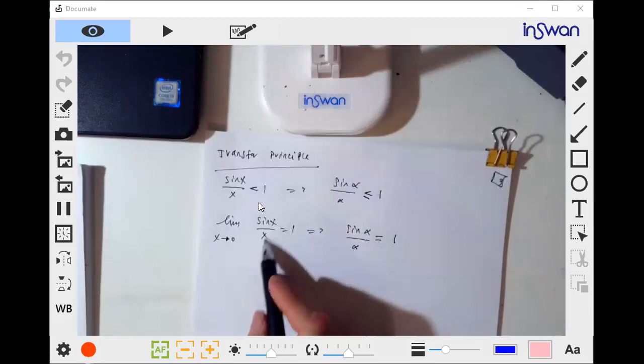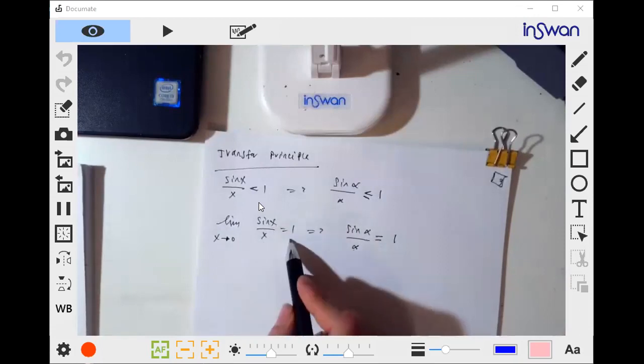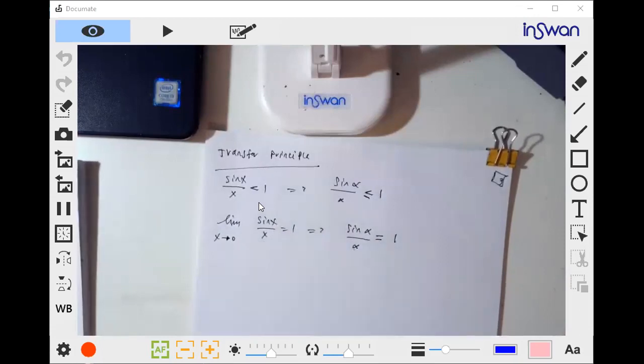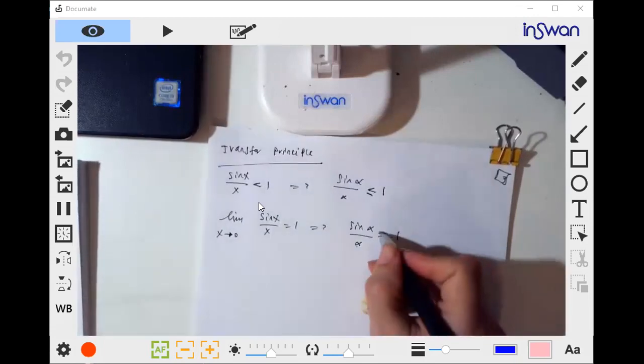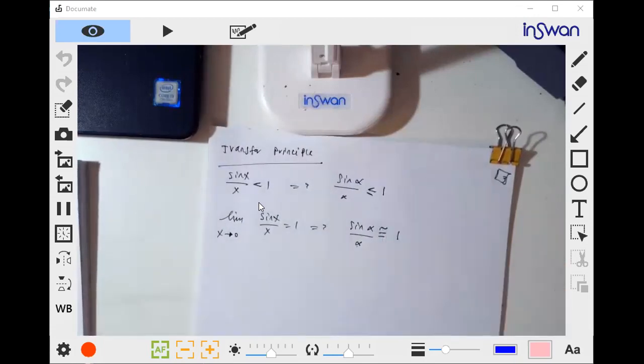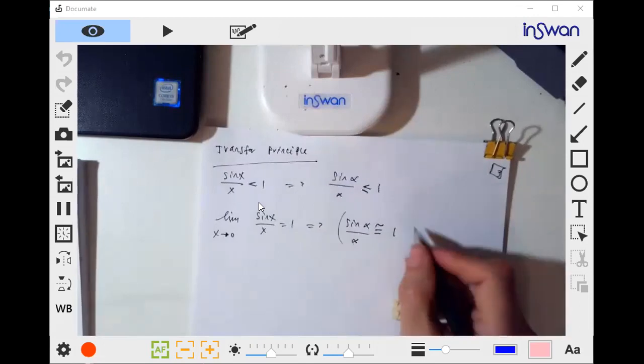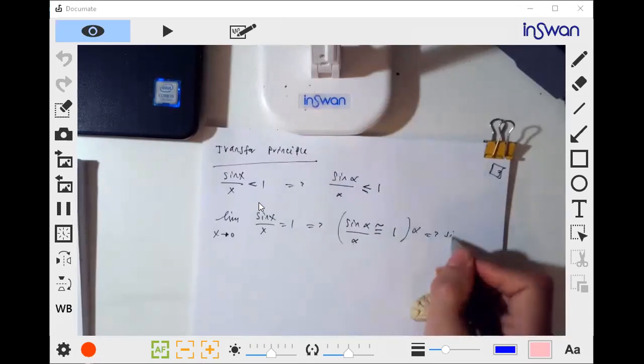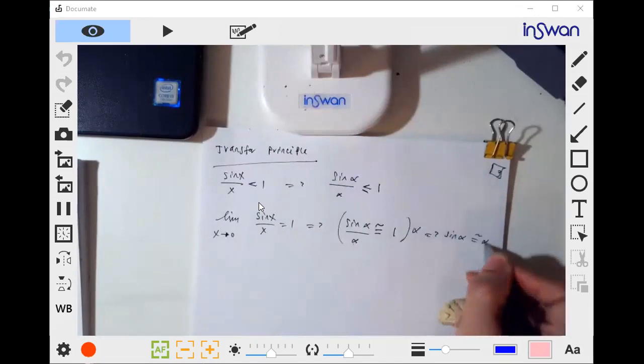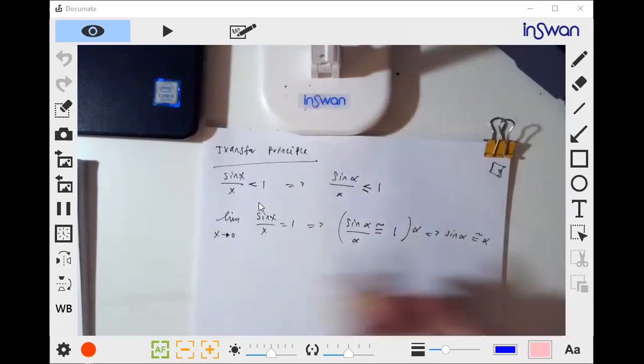So when we plug in here at alpha, it's basically going to produce the limit value. So we could say this approximates to 1. It's a very good approximation. Or we could say that it renders to 1. Either way. So notice that when we multiply both sides by an alpha, this implies that sine of alpha is approximately alpha. So this is called the sine approximation.